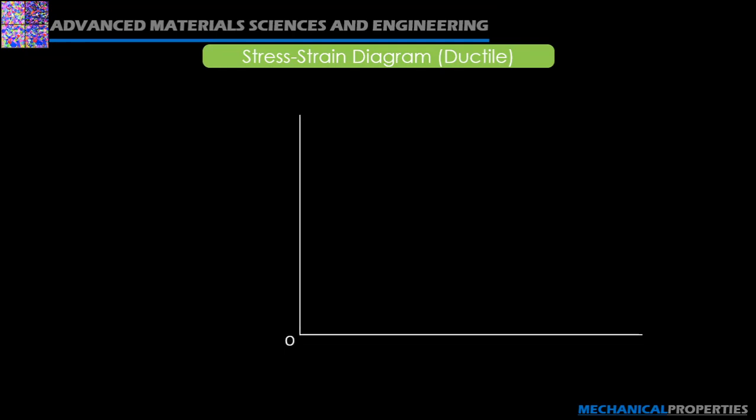Let's say we draw the horizontal line to show the strain and the vertical line for the stress. Once the load is not applied, we have zero stress and zero strain.